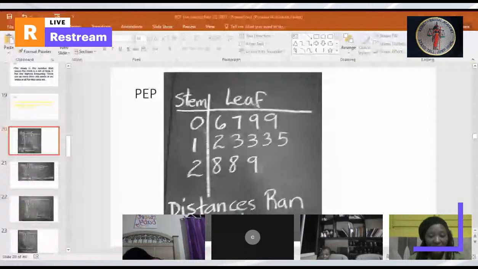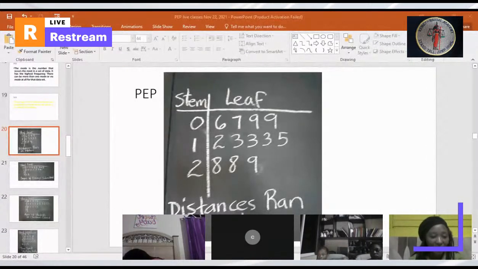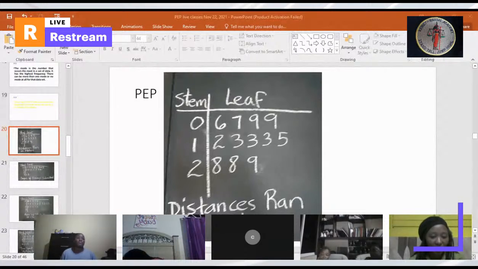And then in the second row, we have 12, 13, 13, 15. And in the third row, we have 28, 28, and 29. Do you understand? Do you understand how to combine those numbers?